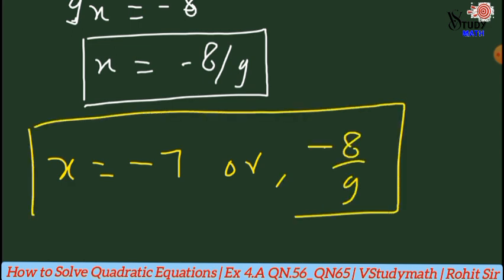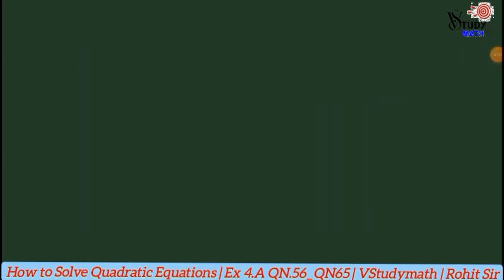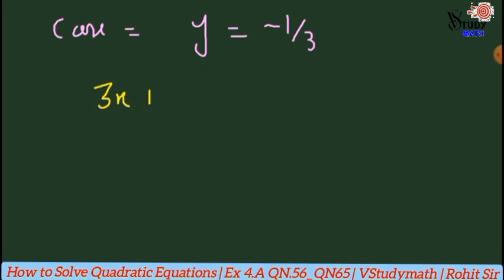Now comes to solve case number second. Case second is here, y is equal to -1/3. Now put the value of y. The value of y here is (3x - 1)/(2x + 3) is equal to -1/3.